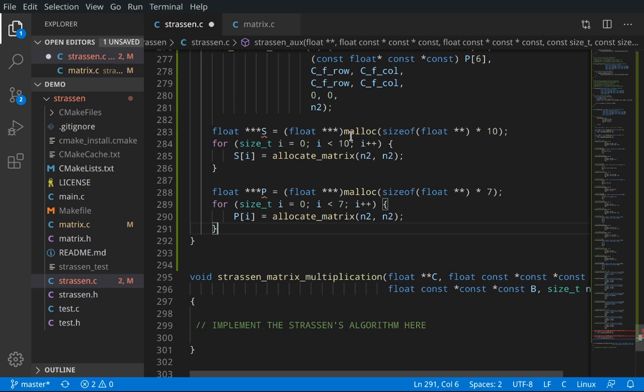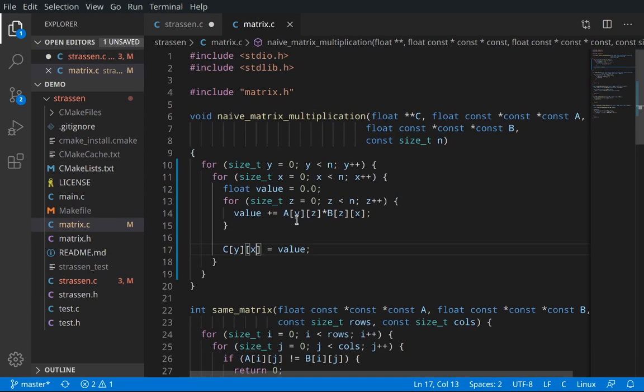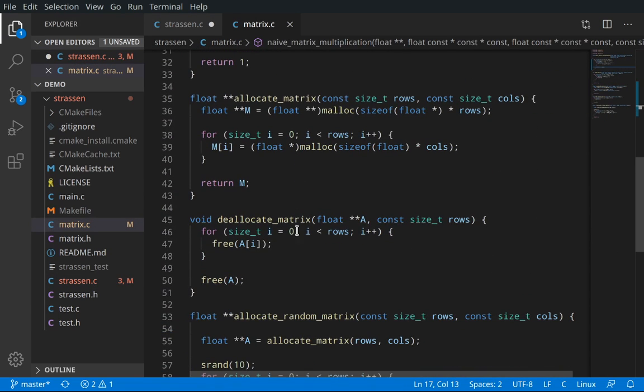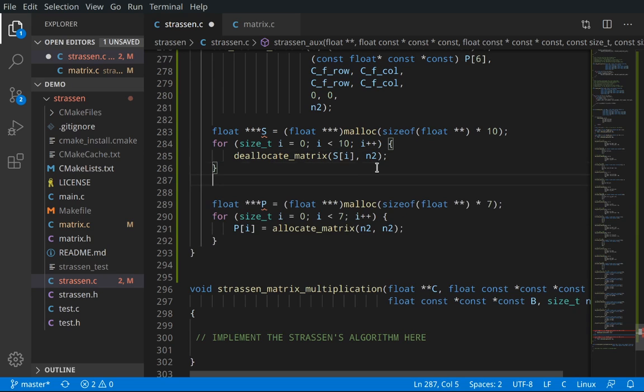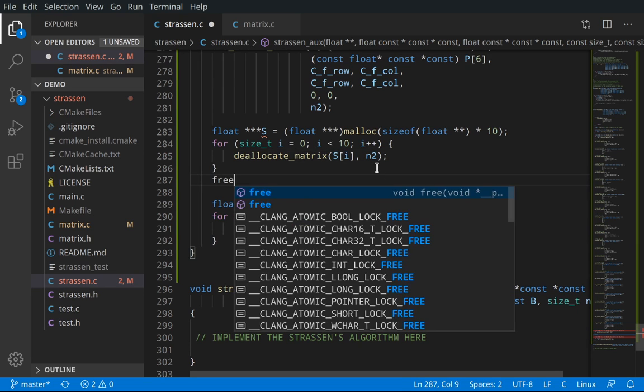And okay, so the first thing to do is to call the deallocate, which is a function already developed here, the deallocate matrix, which takes the address of the matrix we want to deallocate and the number of rows of the matrix itself. So here we want to deallocate as I, and the number of rows is of course n2, and we need to free s.